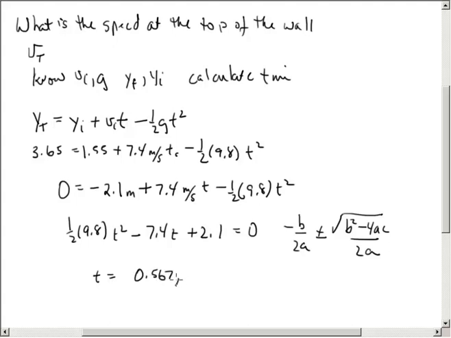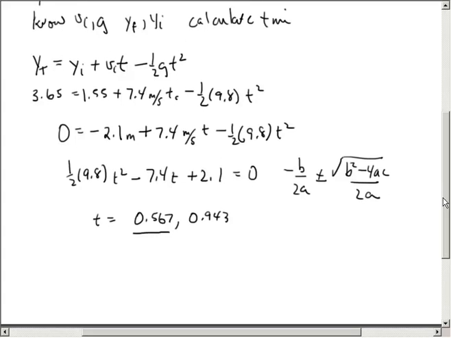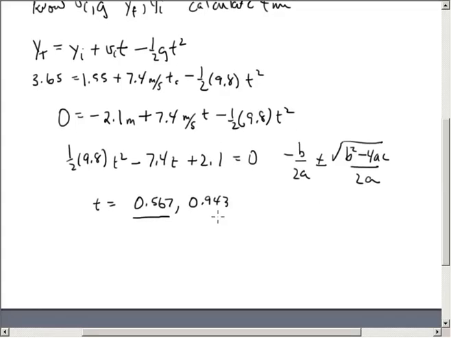And that'll result in a time equal to 0.567 or 0.943. And of course, 0.567 is the time required to reach the height of the castle wall. Now the question becomes, do we have enough, given the time, to calculate what the speed is at the top of the wall?